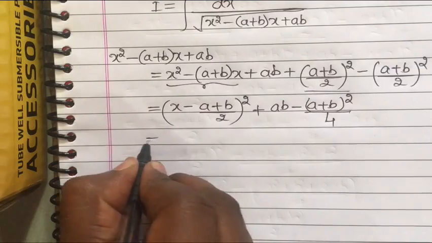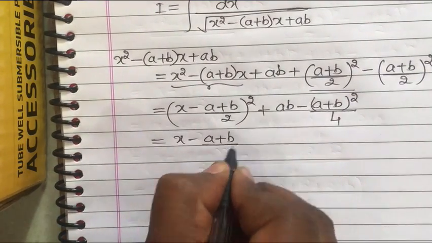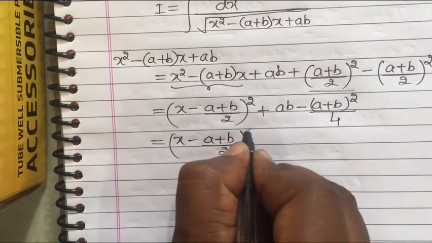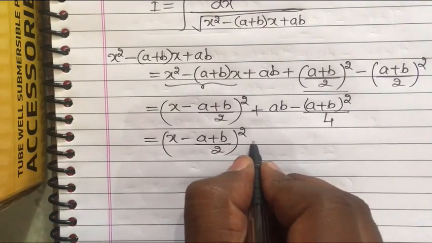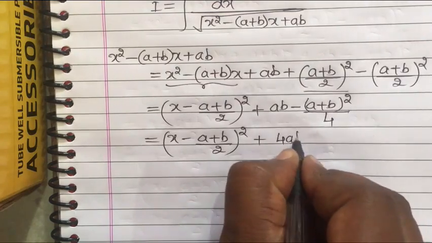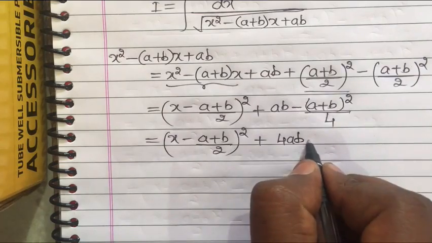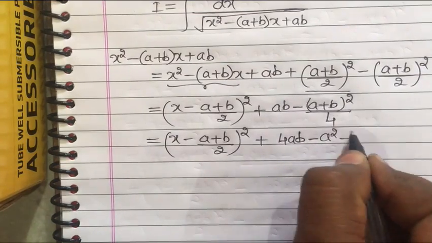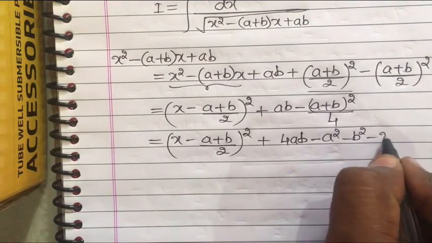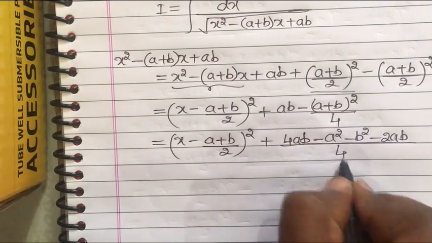In the next step, (x minus (a plus b) by 2) the whole square, then take up the LCM, we get 4ab, then expand this considering the minus sign. So it is minus a square minus b square, then minus 2ab, the whole divided by 4.